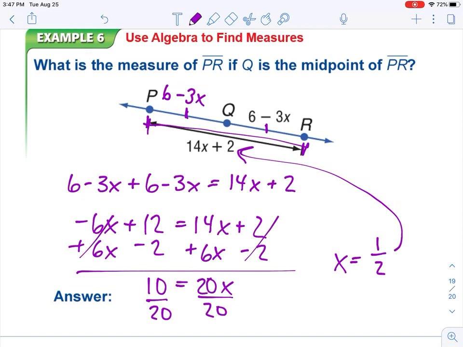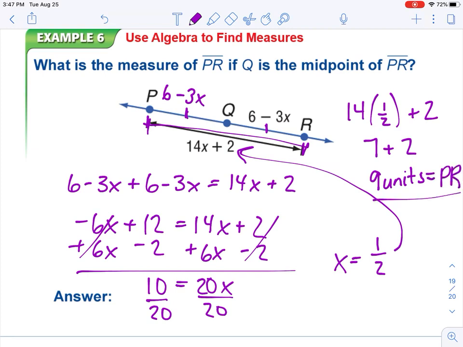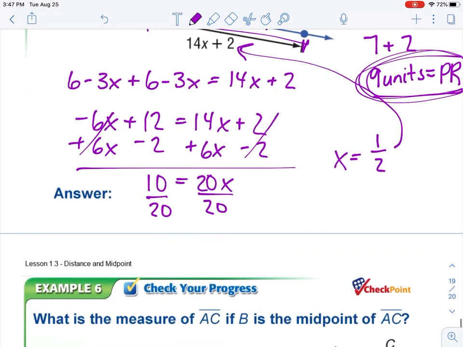I need to plug that in for x and PR. So 14 times 1/2 plus 2, or 7 plus 2. So 9 units is PR, the distance of PR. Okay.